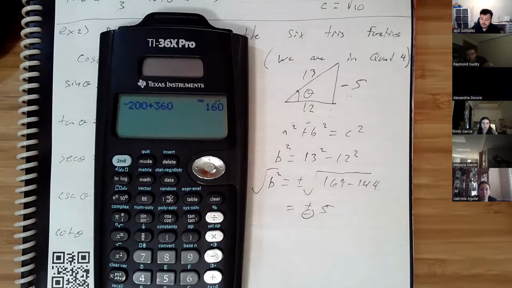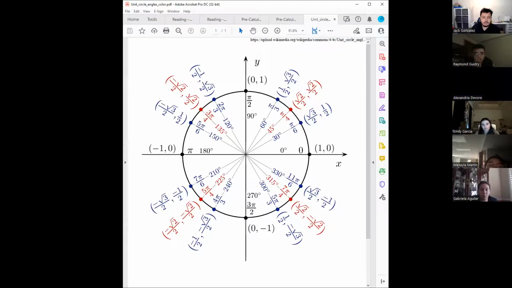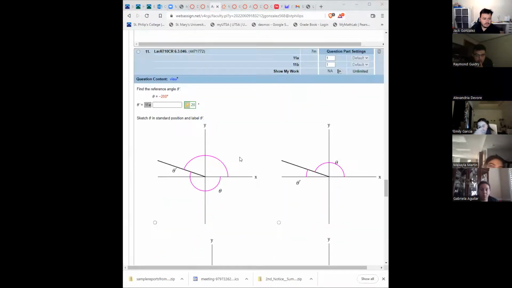So we can just look at 160. Okay, so how far is 160 from the x-axis, right? 160, as we said, is around here somewhere, right? How far is 160 to 180? The x-axis. Right, is it making sense? And so the answer is going to be 20 degrees.